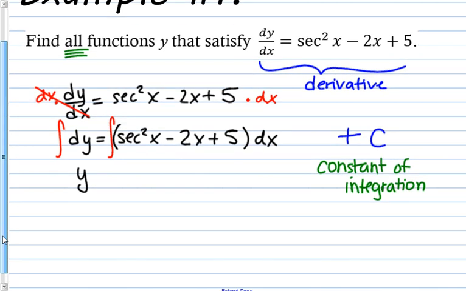The integral of dy is equal to the integral of 1 dy. And if you integrate 1 with respect to y, I get y. Just like if you were to integrate 1 dx, it's just x.